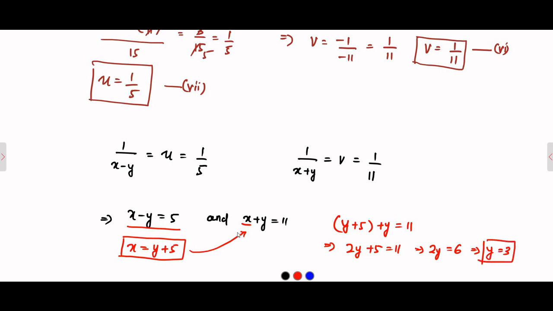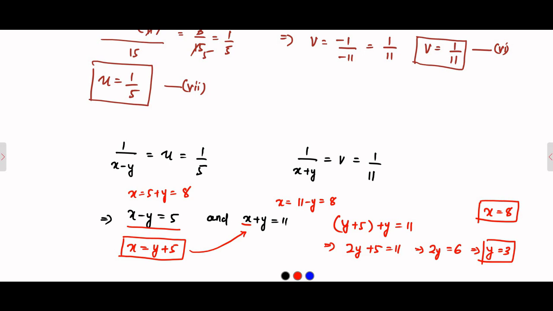Now we can substitute it anywhere to get the value of x. So x will be equal to 11 minus y, which is 11 minus 3, which is 8, or you can do x is equal to 5 plus y, so 5 plus 3 is equal to 8. Anyway you do it, you will get x is equal to 8. So finally we have got the values of x and y, which was our original objective: x is equal to 8, y is equal to 3.